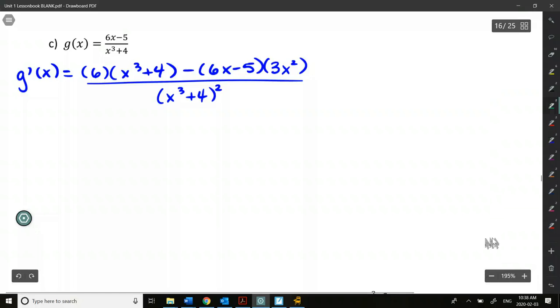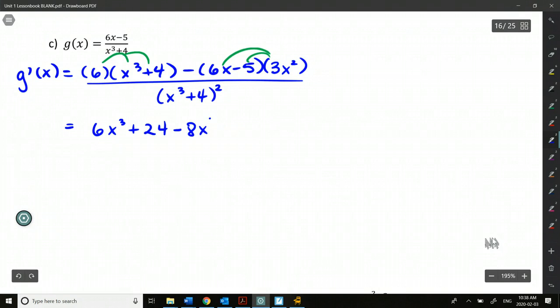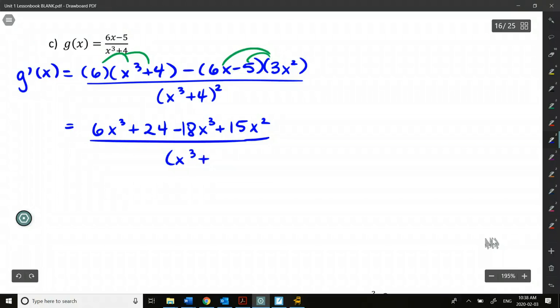Okay, expand and simplify your numerator here. I'm going to bring the negative and the 3x squared into that second term there, so I'm going to do that all together. And then just gather your like terms.